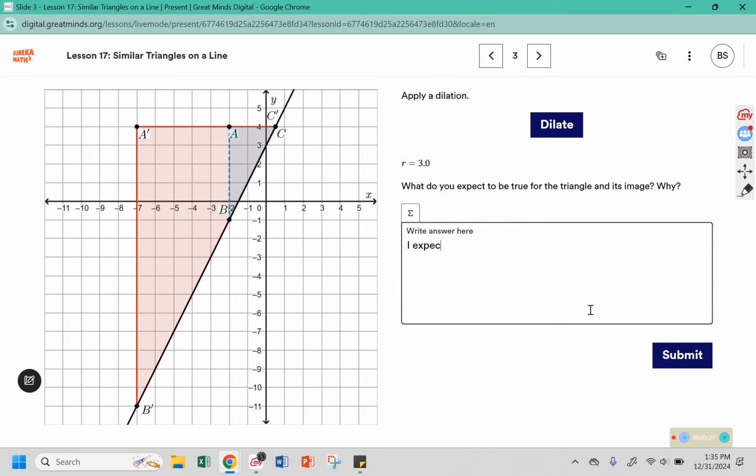I expect the side lengths to be scaled by 3, and I expect the angle measures to be the same. The corresponding angle measures to be the same.